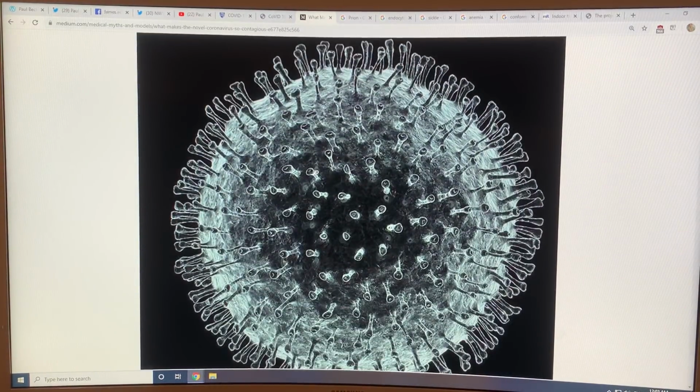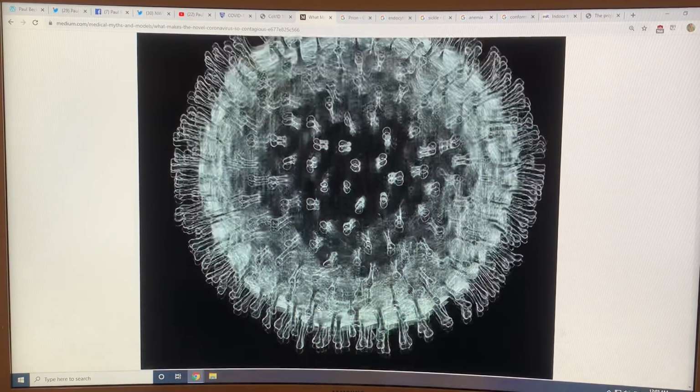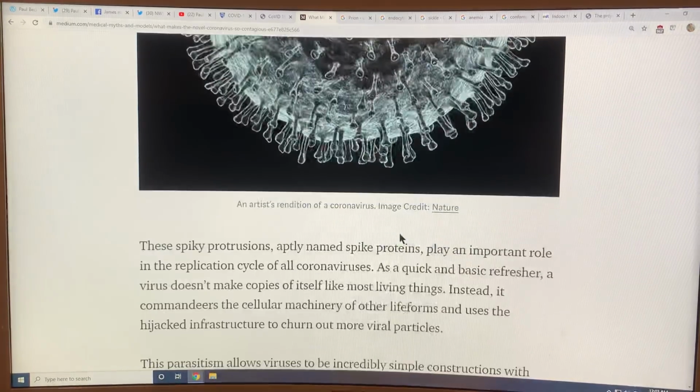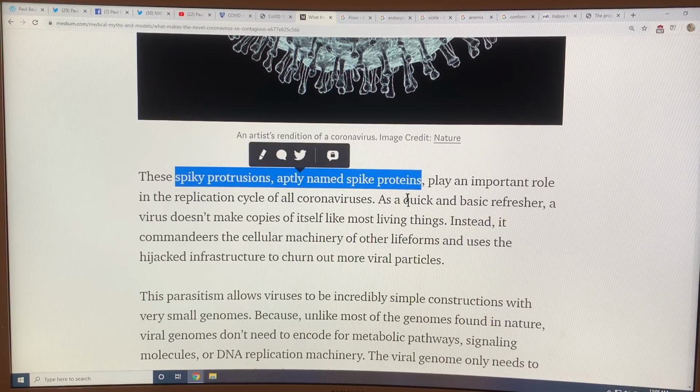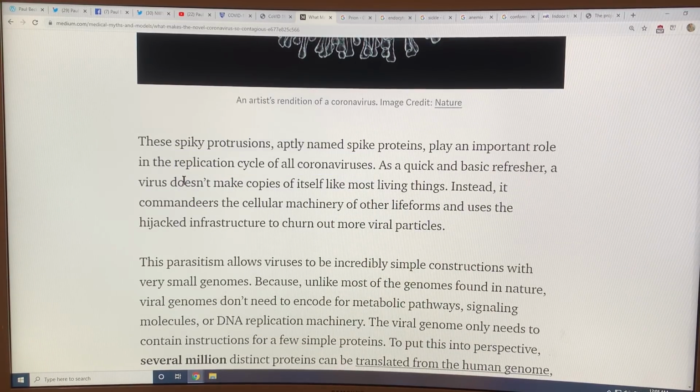This is an artist's rendition in 3D of a coronavirus. Most people are aware of this shape now, a sphere with these proteins sticking up, these spikes. These spiky protrusions are called spike proteins, and they're very important in replicating coronaviruses. The virus is not alive.